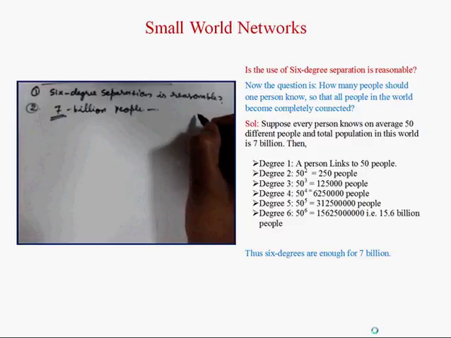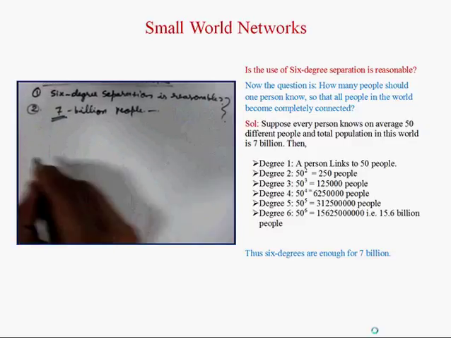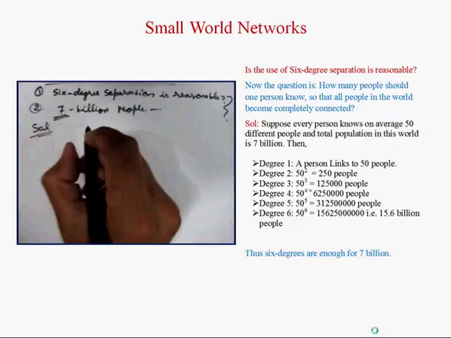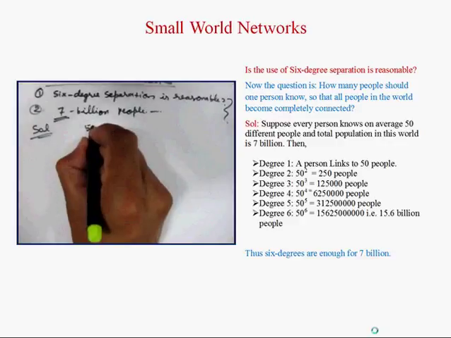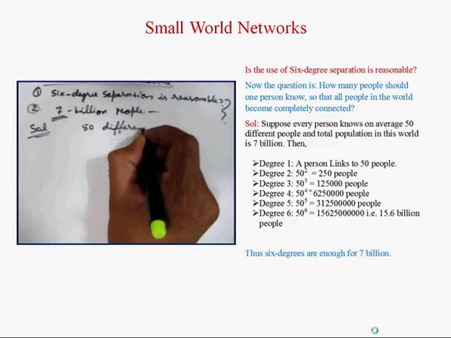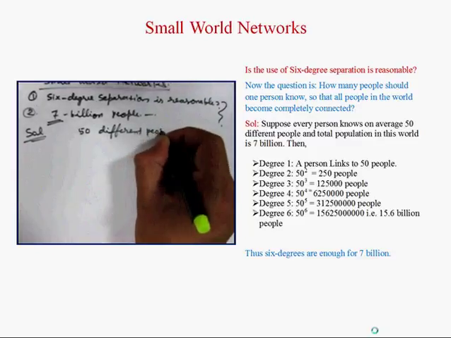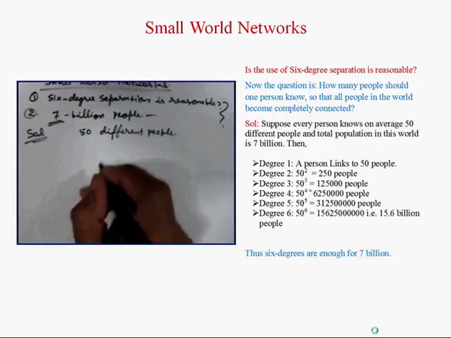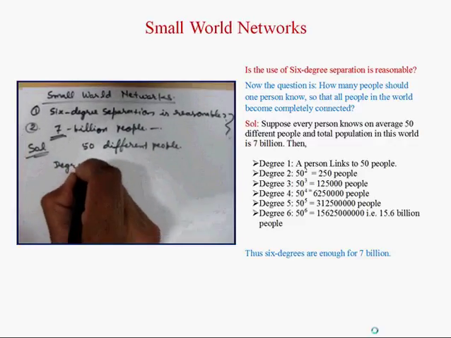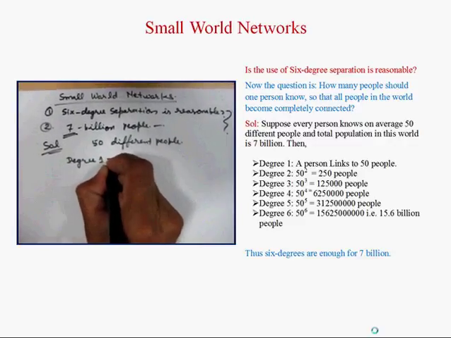Now suppose every person knows on average 50 different people. Then at degree 1, the person will link to 50 different people.